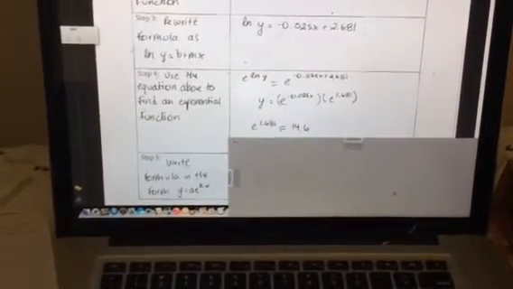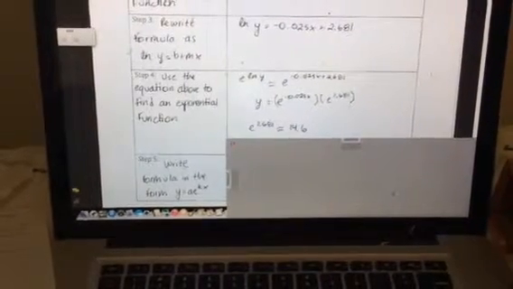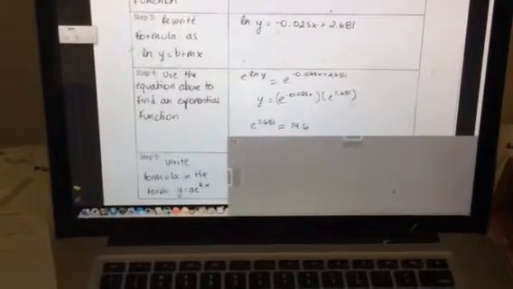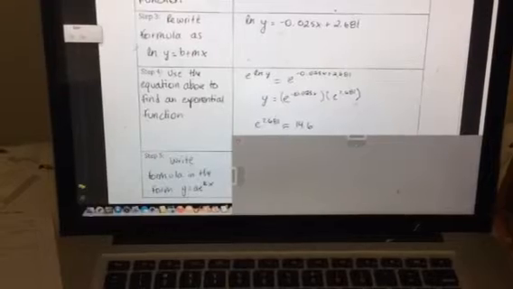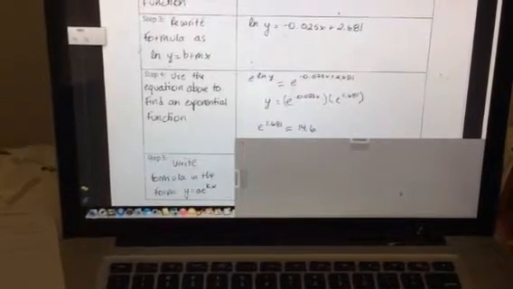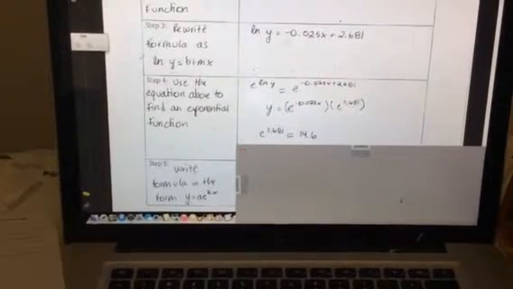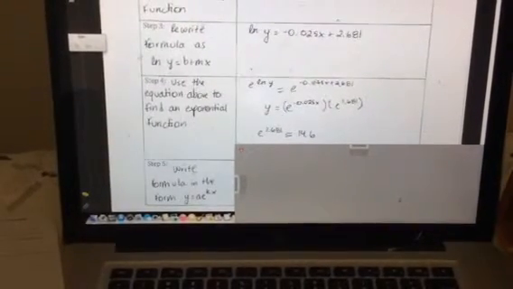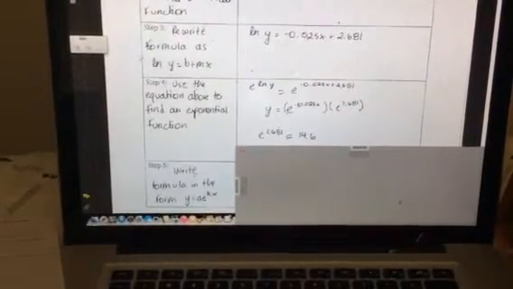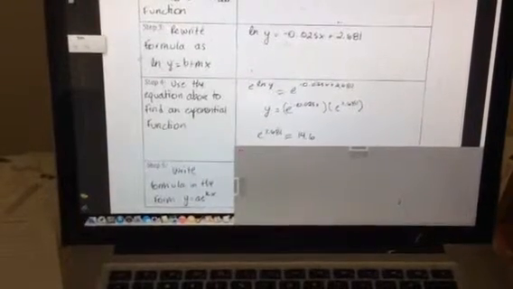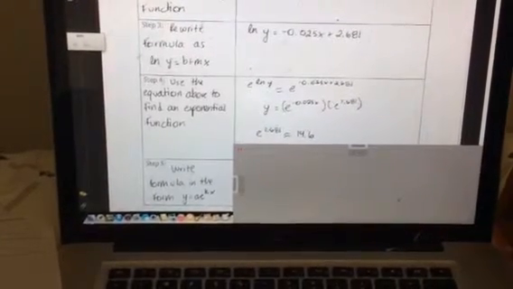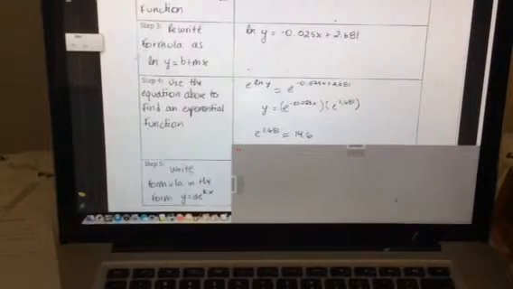Here I just rounded to the tenths place. So that's what I meant by use the equation above to find an exponential function. Now we're going to go to step 5, and it says write the formula in the form y equals ae to the kx. Here we are just going to place in numbers, and this is what we should get.